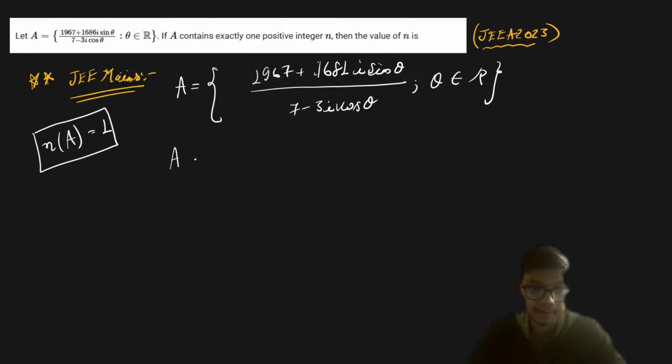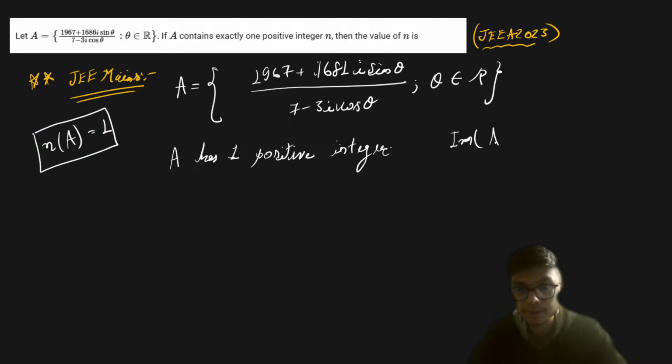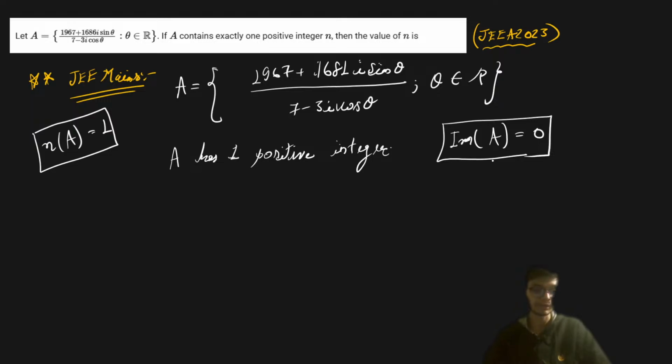When it is mentioned that it contains a positive integer, that basically means that any number present in the set A will have the imaginary part equal to 0. That's the first important thing that you need to understand here, right?